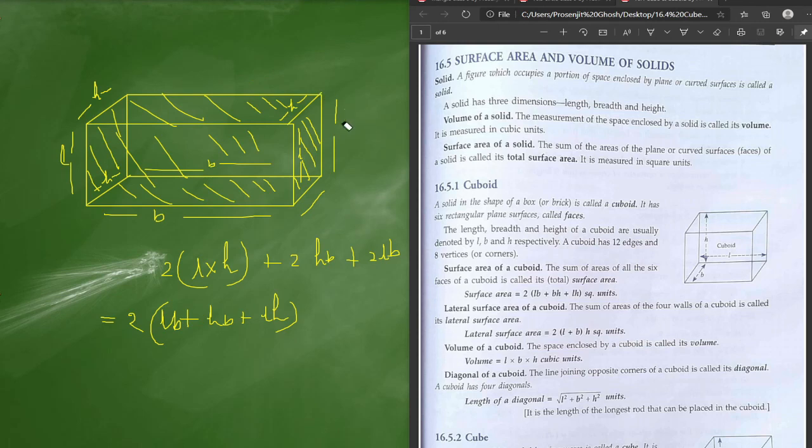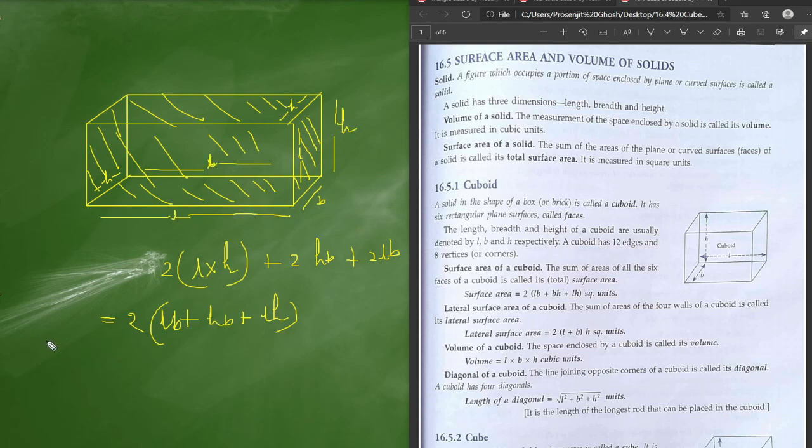I'm marking this one as H. That should be the height. Let me erase all this. So as you can see, this is H right now, this is B, and this is L. This is how I am taking the current measurement.